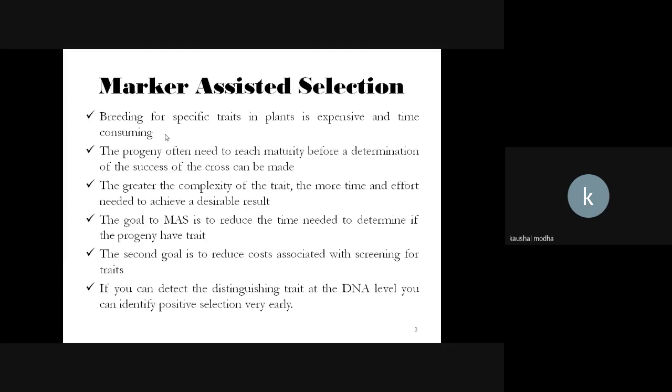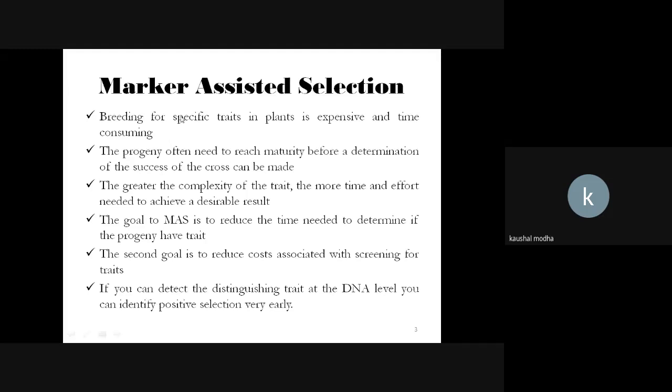Sometimes some of the traits are only observable at maturity. So for phenotypic selection of these traits, you have to wait for maturity, and you cannot utilize the backcross, because when the progeny is mature, they would not have flowers in most of the crops, especially determinate crops like maize, rice, wheat.